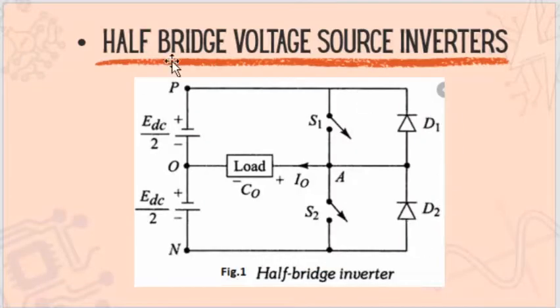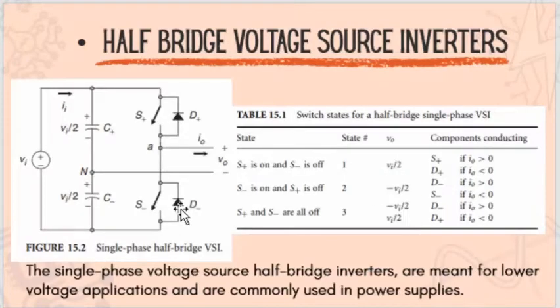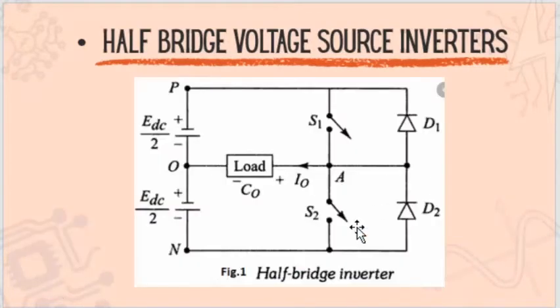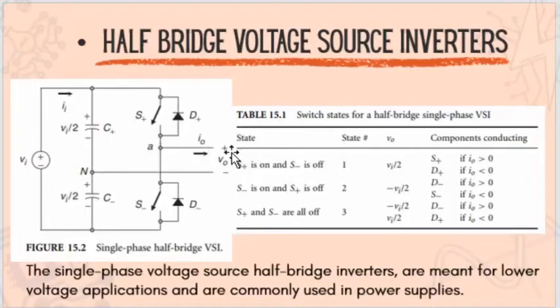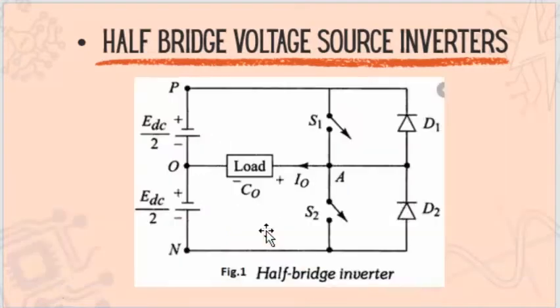So here is the simple circuit diagram of figure 15.2. This EDC over 2 is our capacitor from a while ago, and this load is connected to our output voltage. We will consider a resistive load here, and also we have switches S1 and S2.